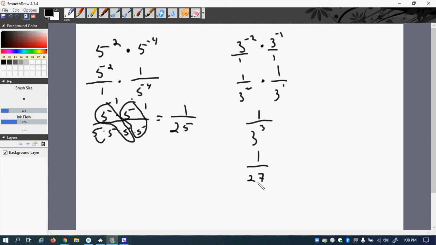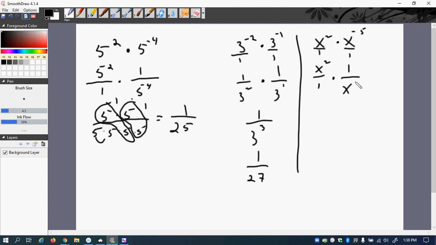Let's take a look at problems that have variables in them. I'll draw a line so you can separate that. If I have x squared multiplied by x to the negative 5, it behaves just like numbers, because this is over 1 and this is over 1. Since this is positive, we leave it alone, and the other one is negative, so we have to switch it.